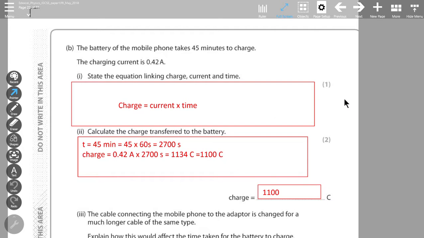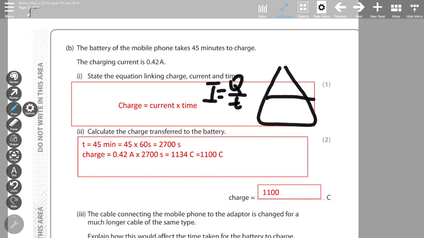So how do I remember this formula? I remember it from current: current equals charge per second. So I call it the QIT triangle, Q-I-T, and this is the current triangle. Everything should be in SI units.